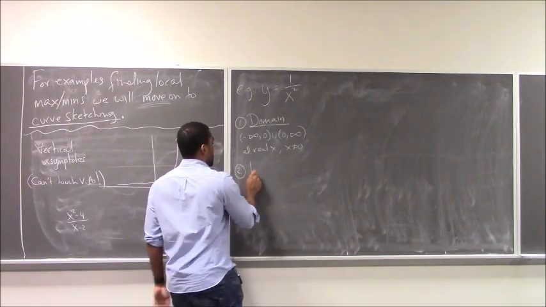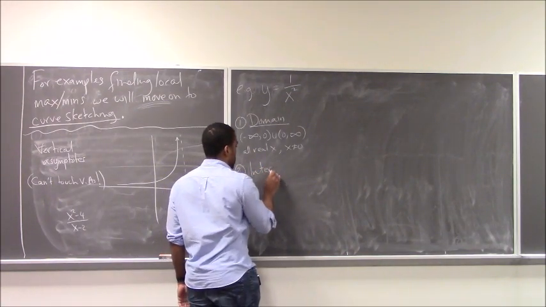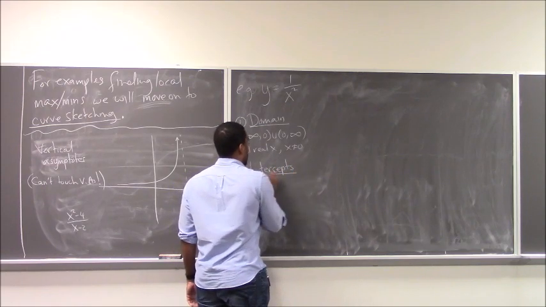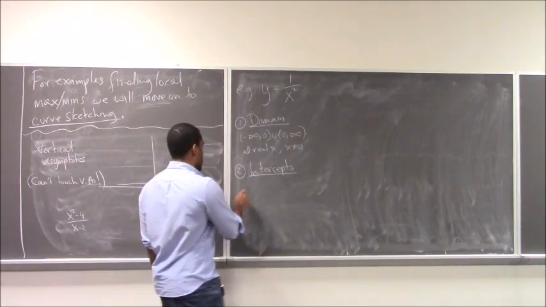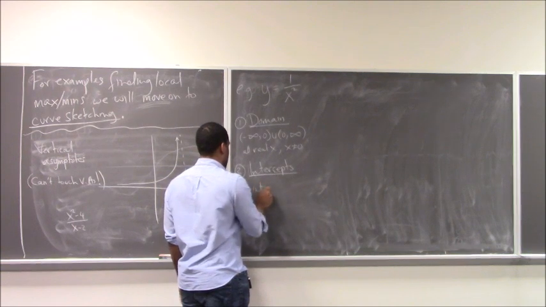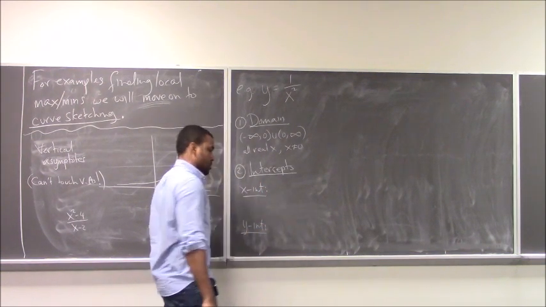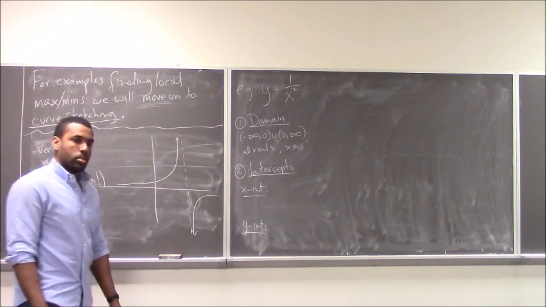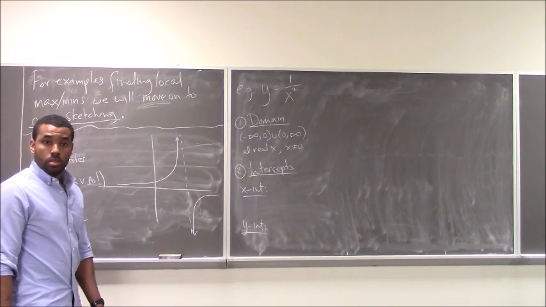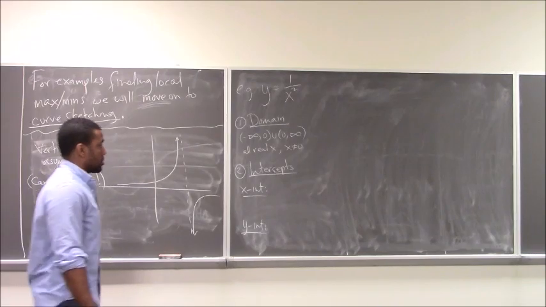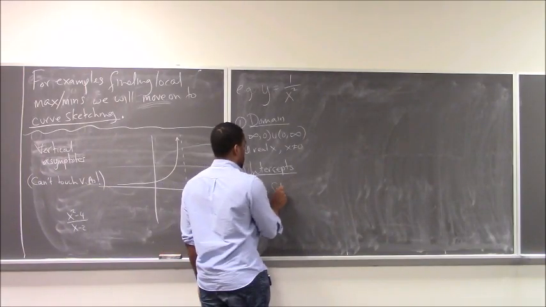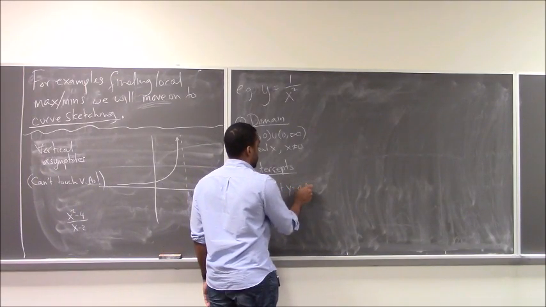Let's talk about our intercepts. Now, intercepts here refers to your x-intercepts and your y-intercepts. How do you find x-intercepts? Y equals 0, solve for x.